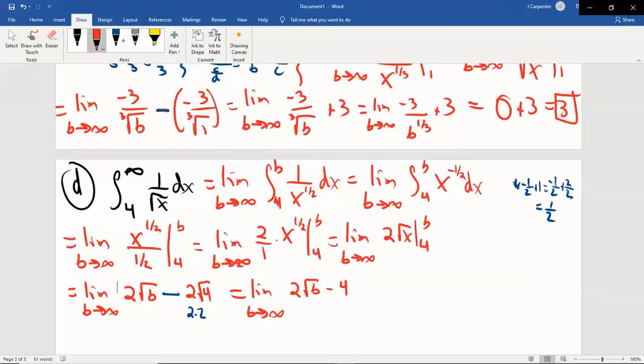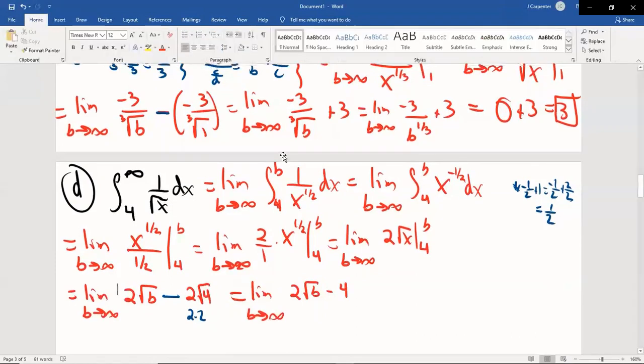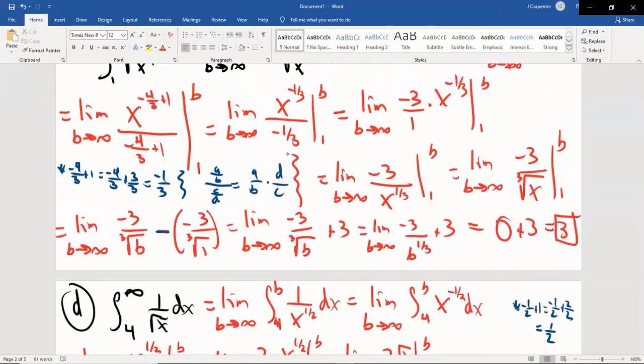Now, if it was in the bottom, that would be okay because 1 divided by infinity goes to 0. But this is in the top. The square root of b would go to infinity, leading to 1 over square root of b going to 0. And in the last example, we had a cube root in the bottom. So that cube root in the bottom made the whole thing go to 0.